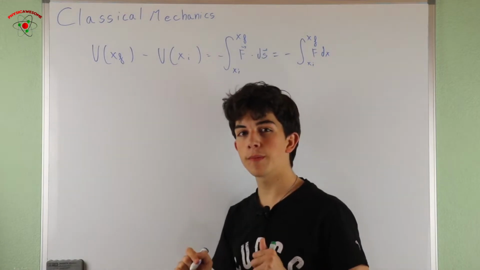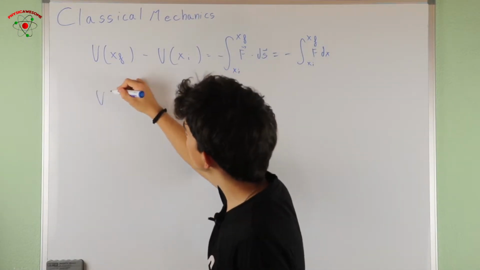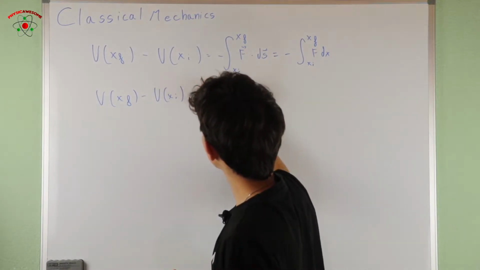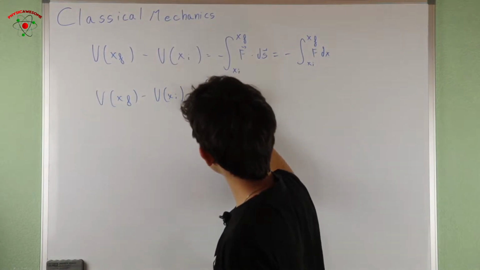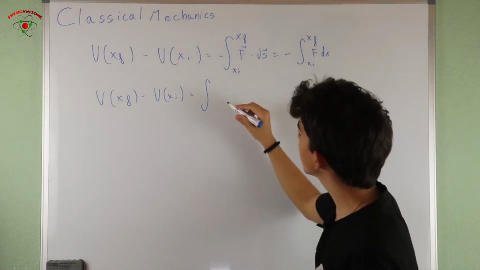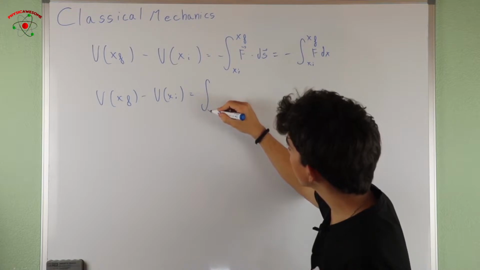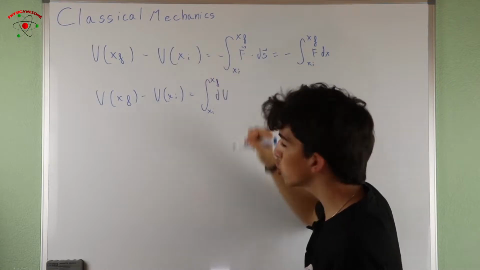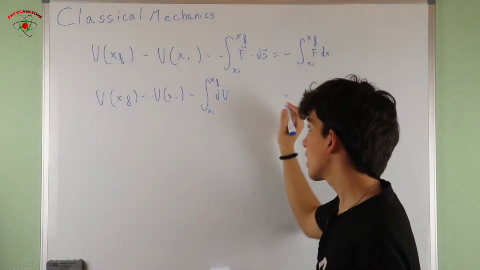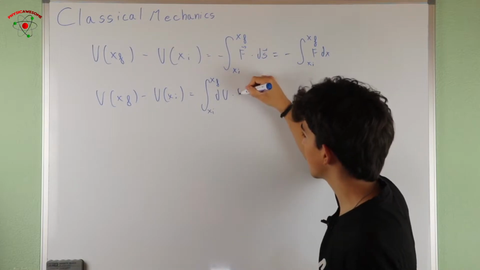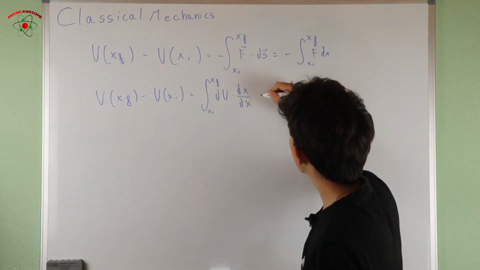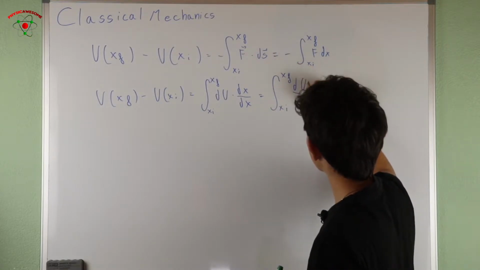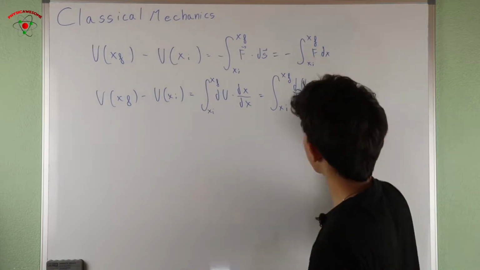We know from calculus that U(xf) minus U(xi) equals the integral from xi to xf of dU. And we can multiply this by dx over dx and make it equal to the integral from xi to xf of dU/dx dx.